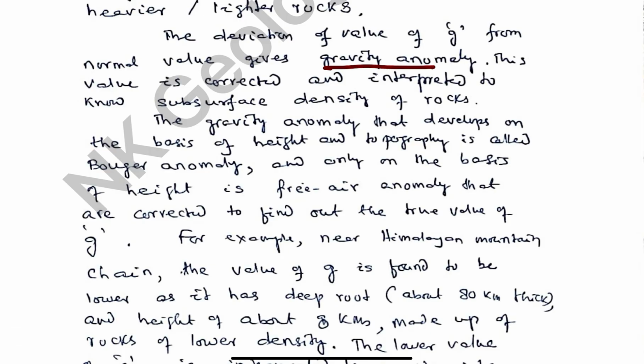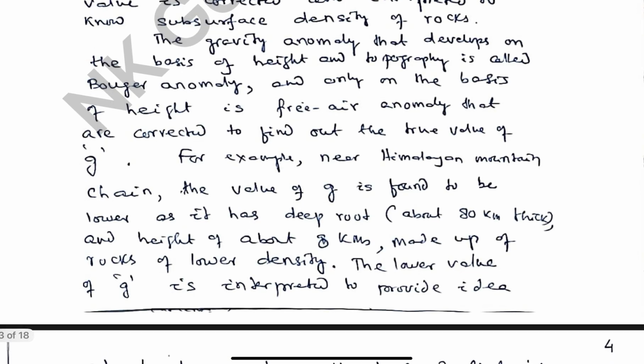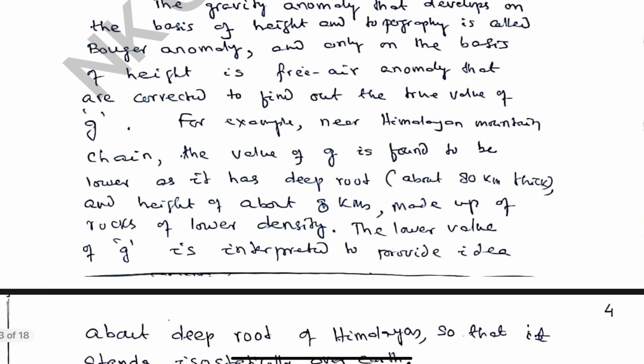So near the Himalaya the value is low because the Himalayan rocks are made up of very low density rocks, and it also has a deep root which goes to a depth of about 80 kilometers. Himalayan zone has a root which goes up to 80 kilometers, and it is made up of light rocks.